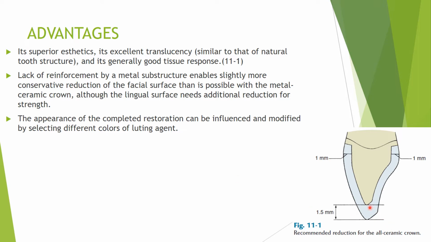So you can see that 1.5 mm is supposed to be reduced, and there is a surround preparation of 1 mm. The appearance is very close to the natural teeth. The appearance of the completed restoration can be influenced or modified by selecting different colors of luting agent as well. So we can do some luting agent shade selection as well, guys.